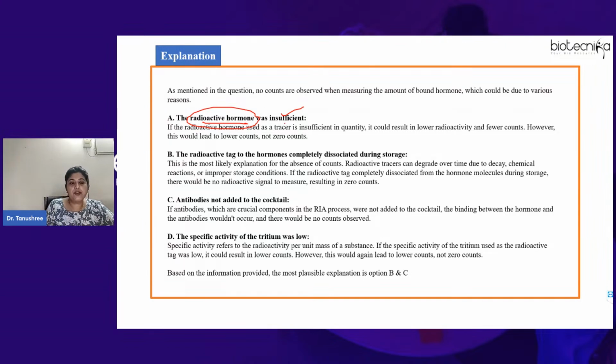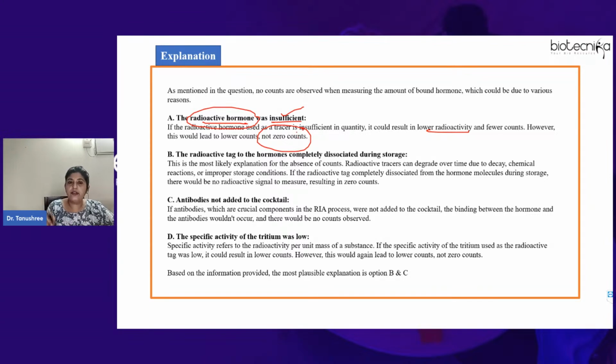So if the radioactive hormone is insufficient in quantity, even then you will get lower radioactivity, right? Some counts you will get, but it is not possible that you will get zero counts.